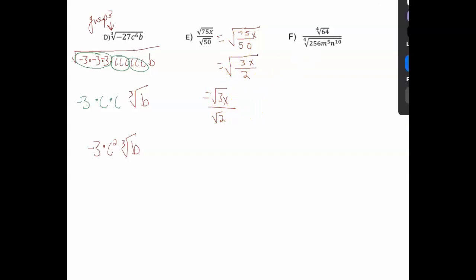I want to get rid of the radical in the denominator, so I'm going to multiply both the numerator and the denominator by square root of 2. And then I cannot simplify this any further, so that would be my final answer.